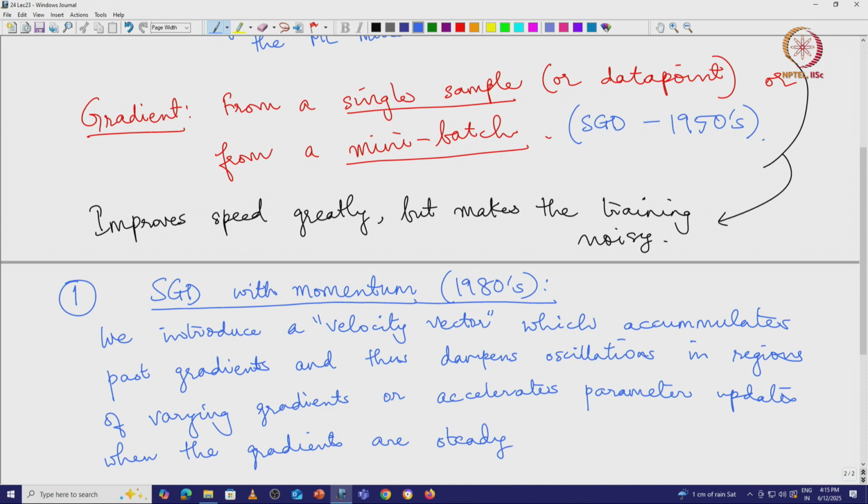So you are accumulating past gradients. If these gradients are highly oscillatory, then you will dampen out the updates of the parameters, whereas if the gradients are fairly smooth, then you accelerate the parameter updates.